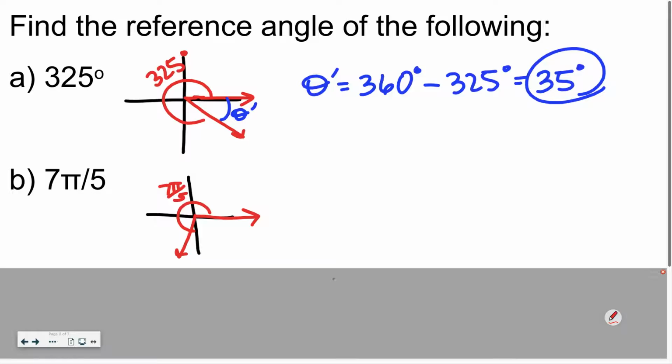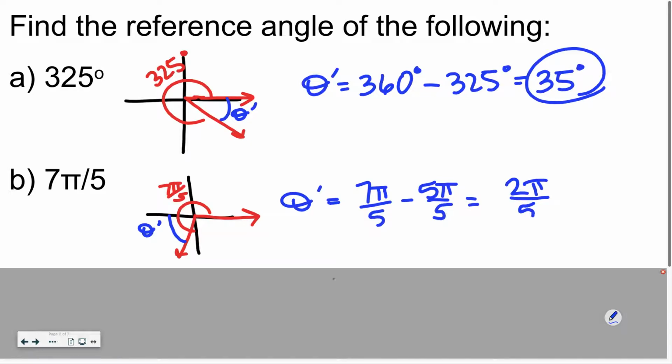So to calculate our reference angle, Austin, how'd you do it? I subtracted 5 pi over 5 from 7 pi over 5. Okay, so he went ahead and changed pi to 5 pi over 5, so the calculation would be easier. So Austin got 2 pi over 5. How do you feel about that? Good.